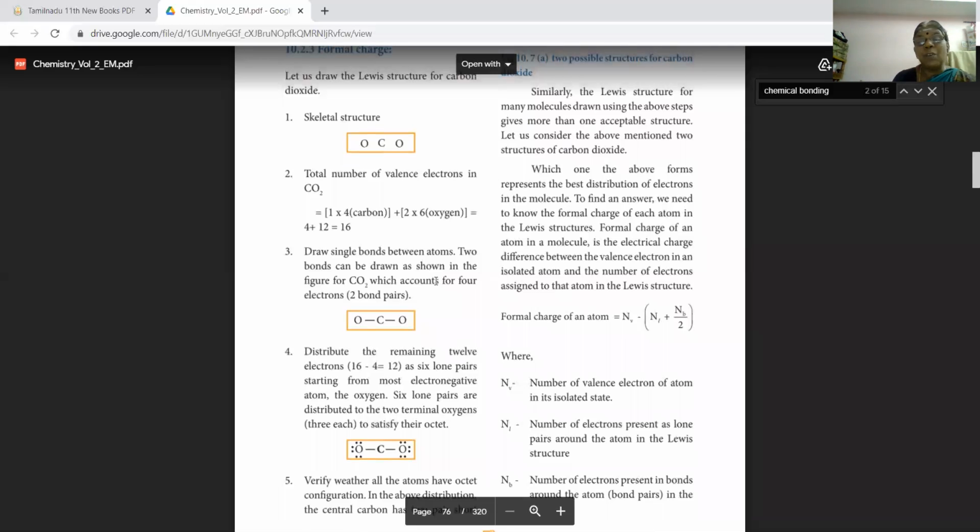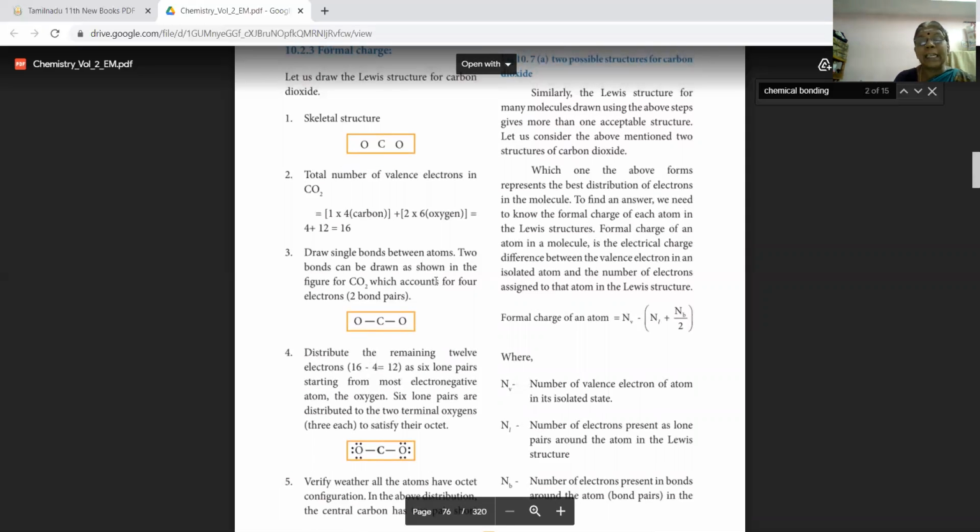Listen carefully. Formal charge of an atom in a molecule is the electrical charge difference between the valence electrons in an isolated atom and the number of electrons assigned to the atom in the Lewis structure. The formula for formal charge is NV minus NL plus NB by 2.